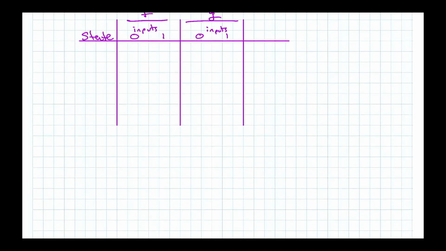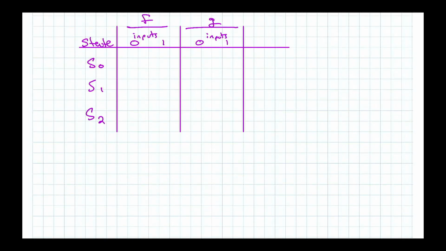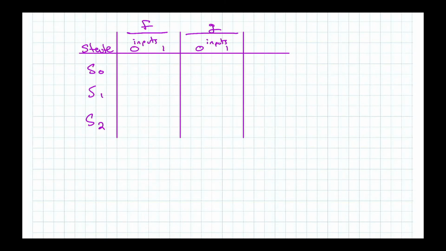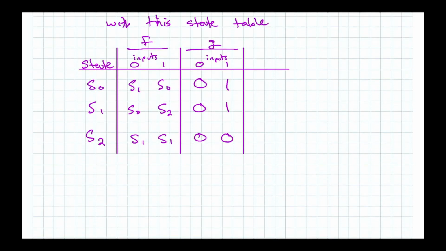Your possible states are S0, S1, and S2. So you'll see that this is a lot simpler than what we had in the previous section, where we were looking at, I think, 7 states. This is only 3. And then the rest of the table looks like this: S1, S0, S0, S2, S1, S1. And here we've got 0, 1, 0, 1, 0, 0. And this is our state table.